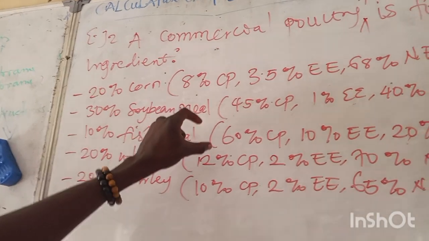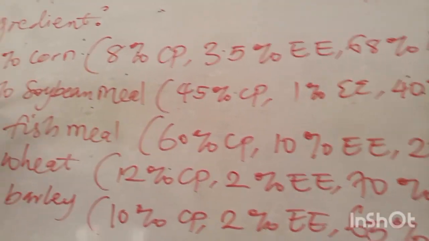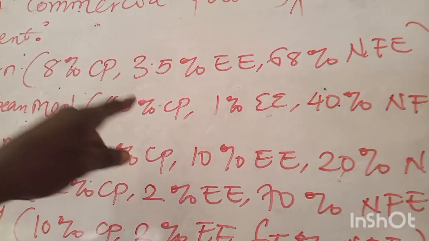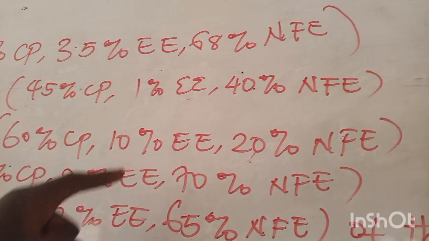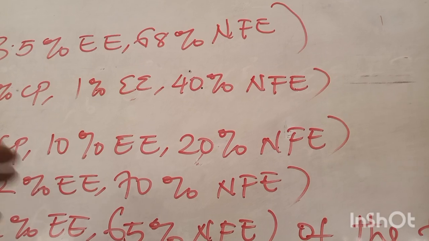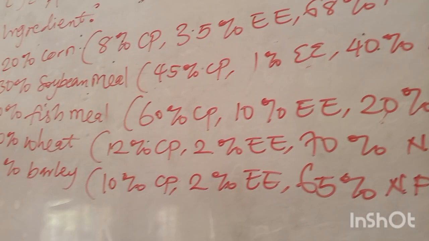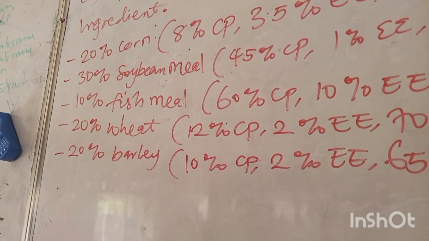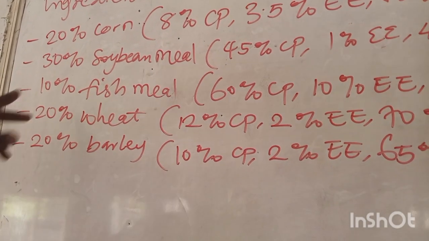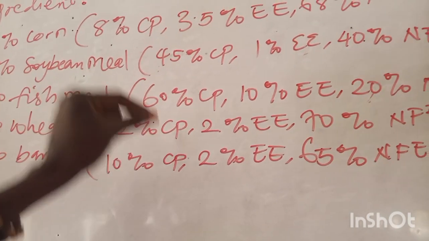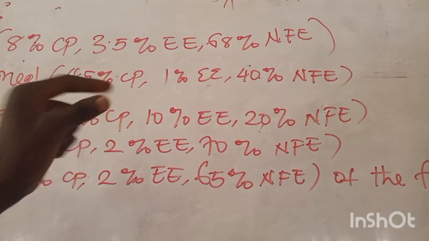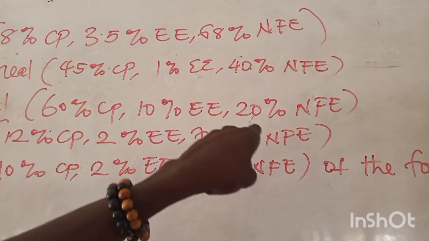It is 30% of that particular feed, but in it, we have 45% CP, which is the crude protein, 1% ether extract and 40% nitrogen-free extract. Coming down, we have the fish meal. Fish meal is 10% of the whole 100 kg. In it, we have 60% crude protein, ether extract of 10, and nitrogen-free extract of 20.